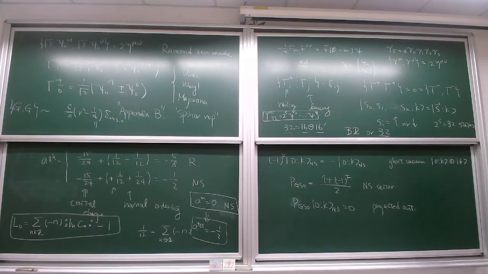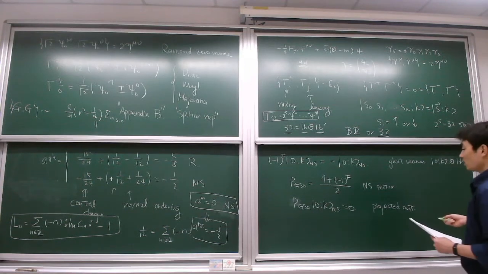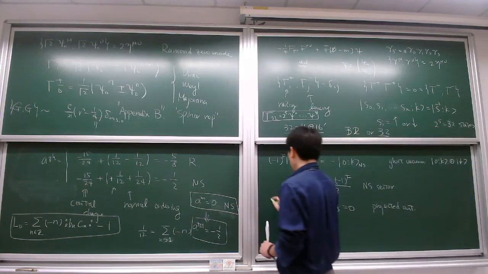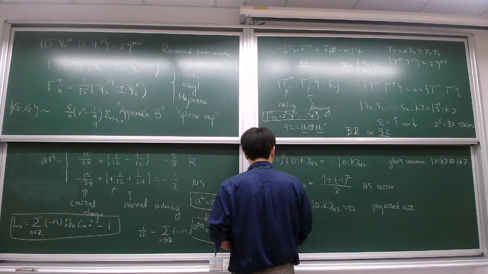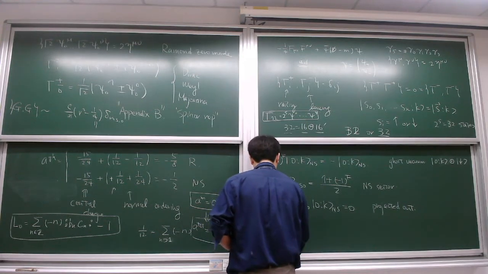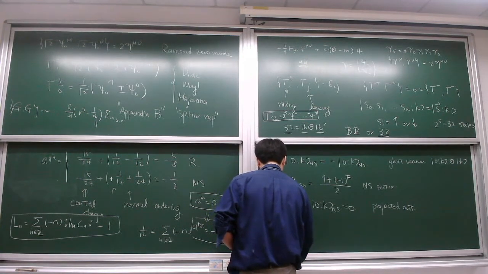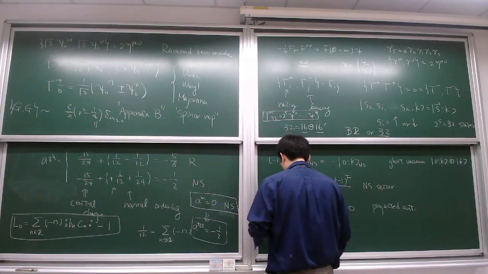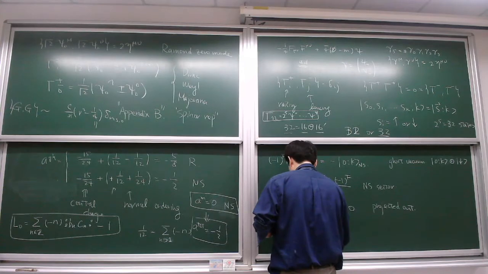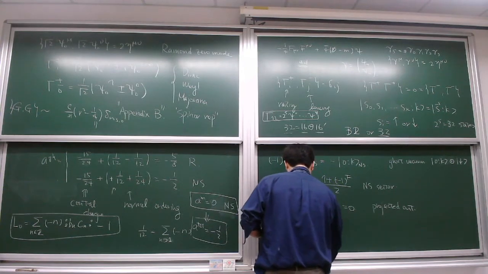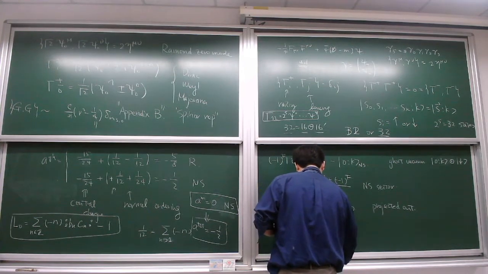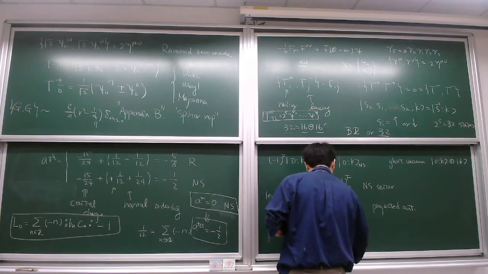So this is level 0, and next you have to consider level 1/2, which is the state created by e to the zeta psi minus 1/2. This is a creation operator acting on the NS sector.